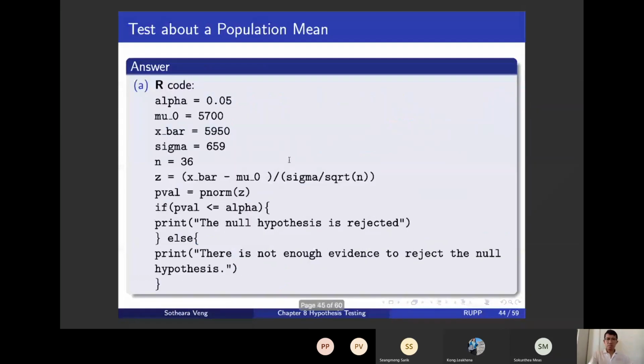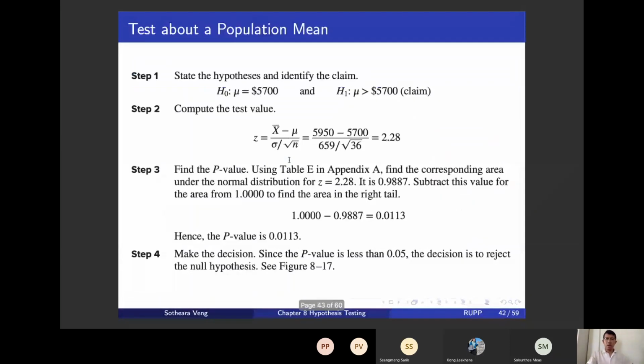So what is the difference here? The difference of the real value to the initial value, the real value to the initial claim, this is mu0.